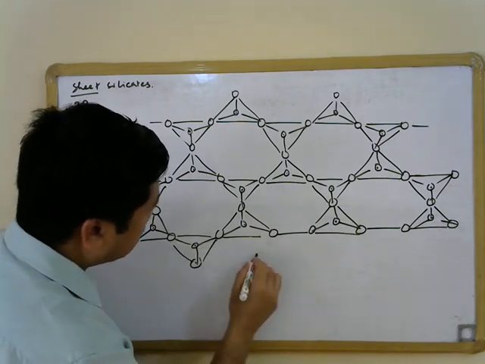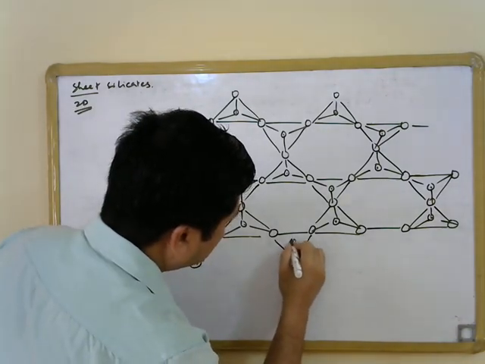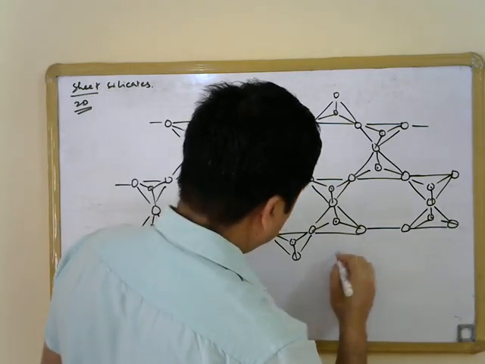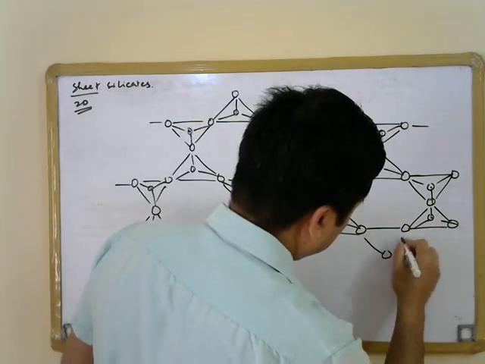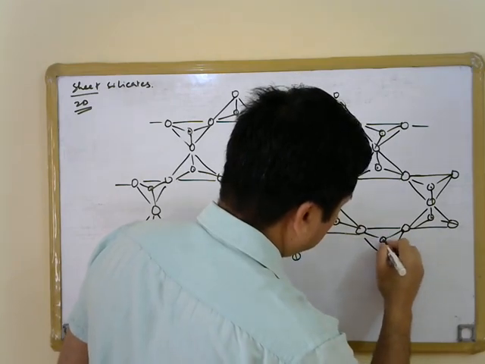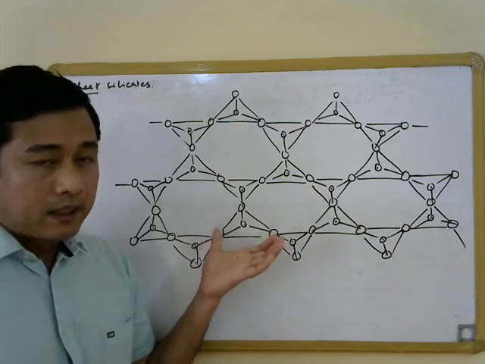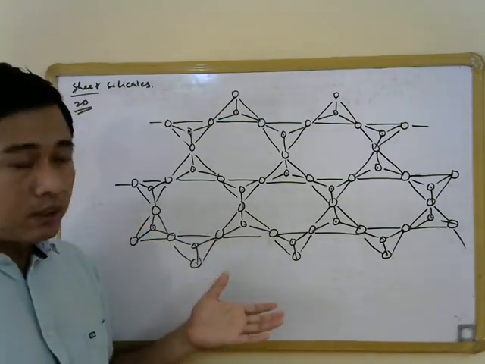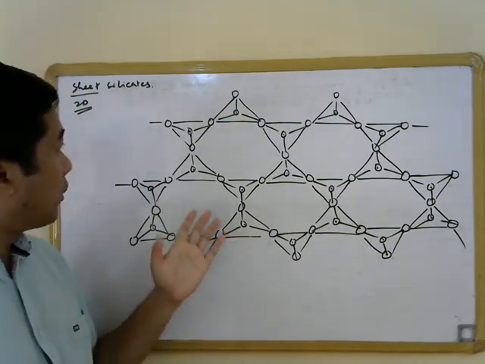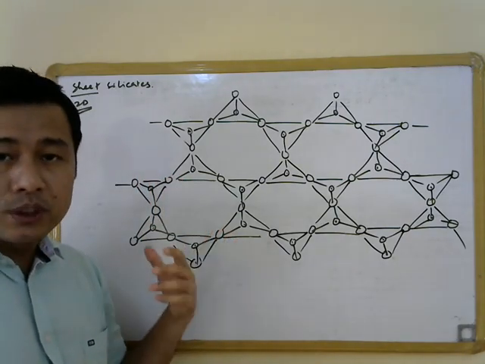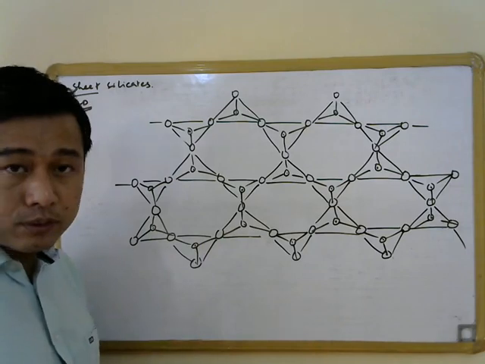So we can go on extending the sheet structure in this particular fashion. So this is a simple sheet where there is only one sheet of SiO4 tetrahedra, which share three oxygen atoms per SiO4 tetrahedra.